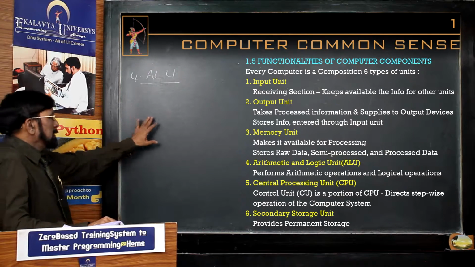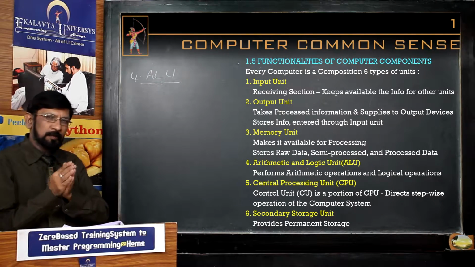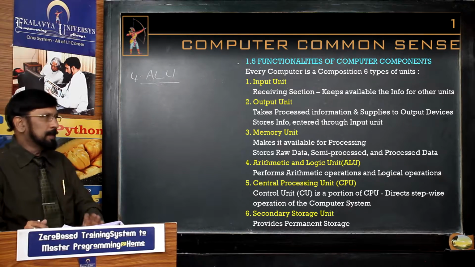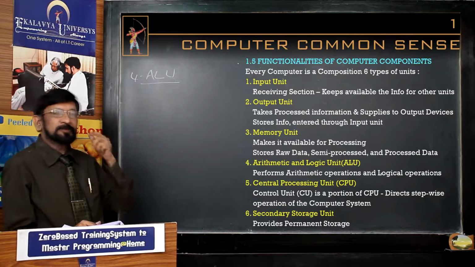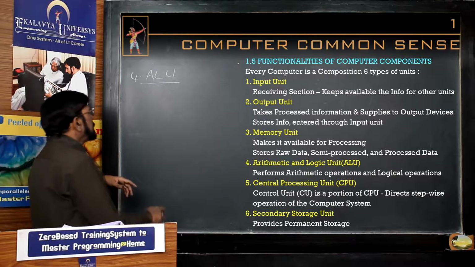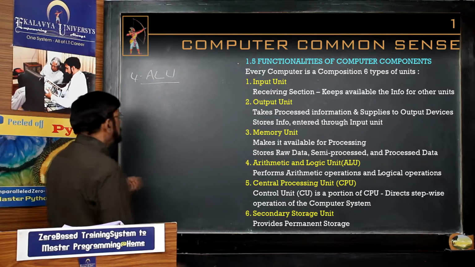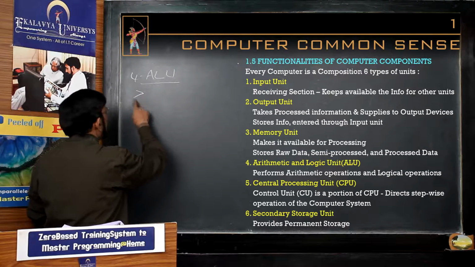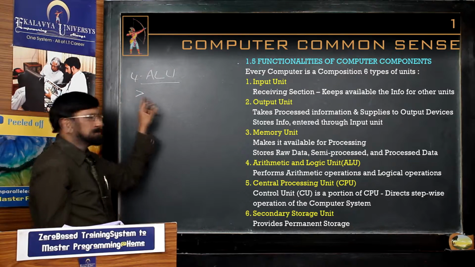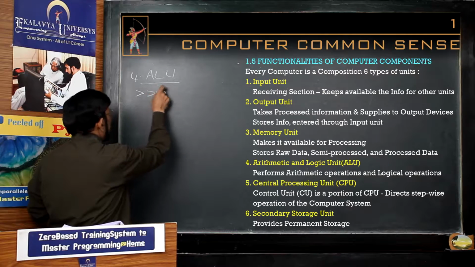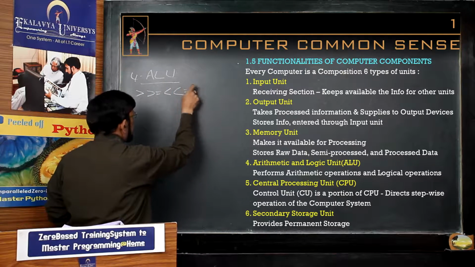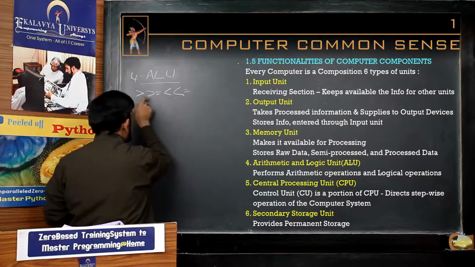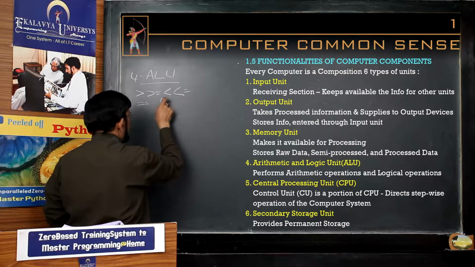Actually, here I have to tell you the importance of logical operations, then only you can understand the importance of this component. In mathematics also we use different operators: greater than or equal to, less than or equal to, not equal to.